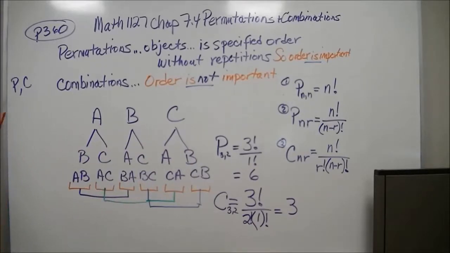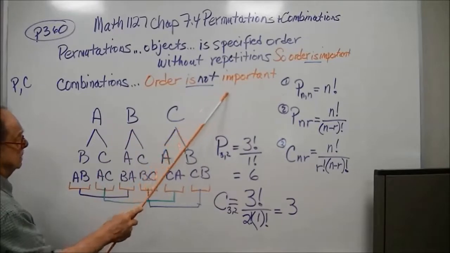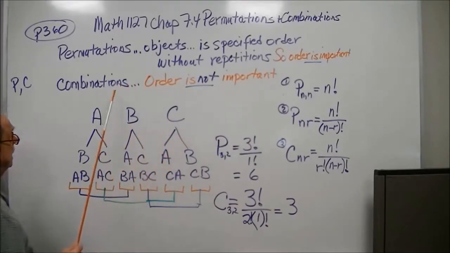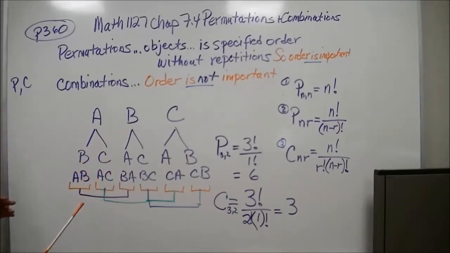Now, how about if order is not important and we have a combination? So now we're looking for those where order is not important, and they're the same thing in a sense. Can you see here we have an AB, and here we have a BA.